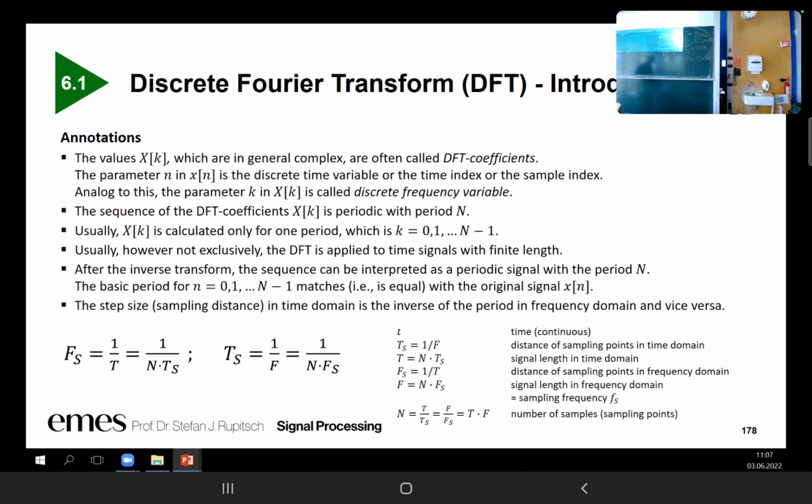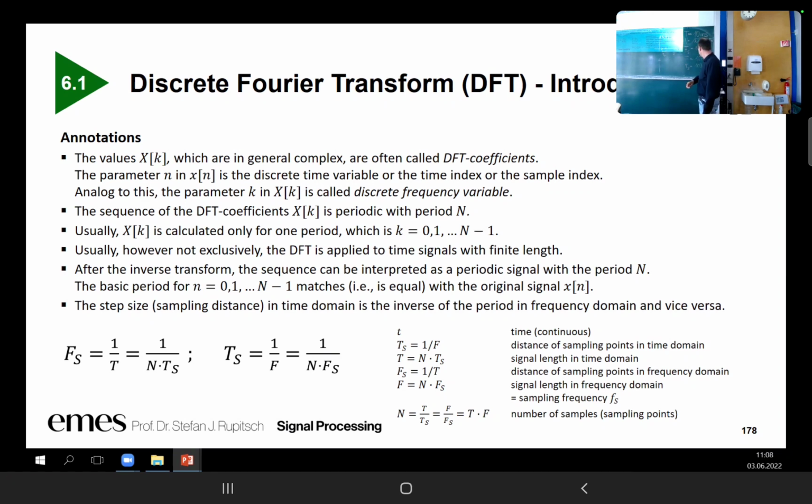One point is still one value we didn't calculate up to now. What's the sampling time? The time interval between two subsequent points in the time domain. Exactly, 100 microseconds, because it's a result of the 10 kilohertz.